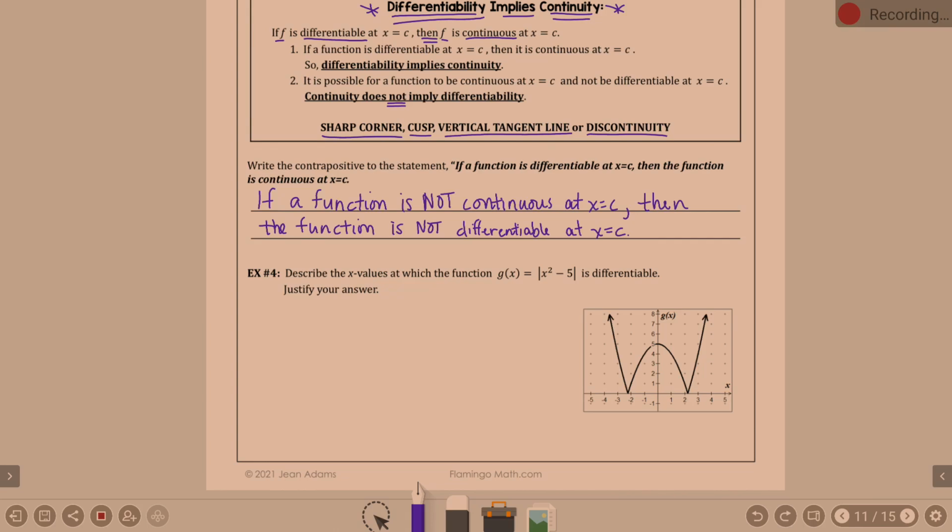So we want to know where this is differentiable. How do you want to describe where it is differentiable? You want to start out by telling me where it's not differentiable? Where is this graph not differentiable?